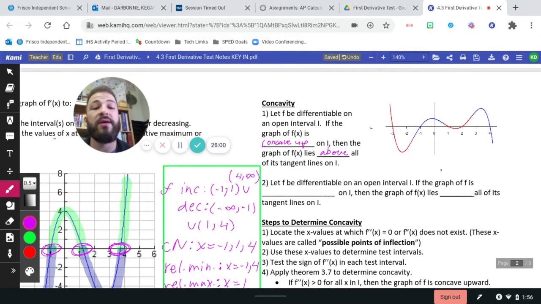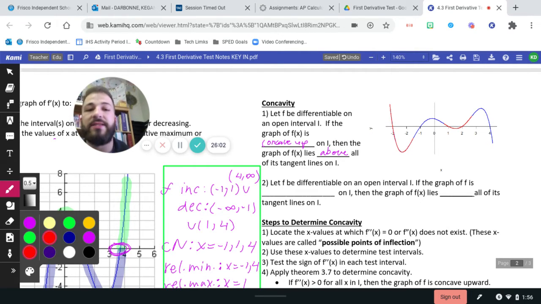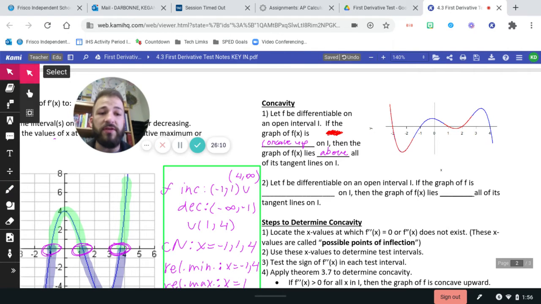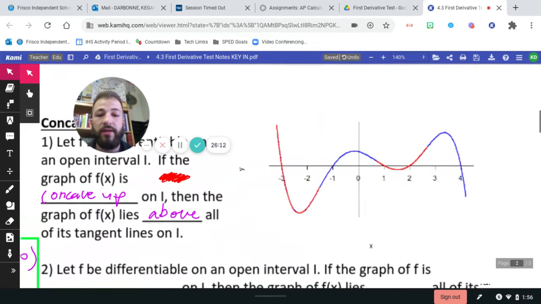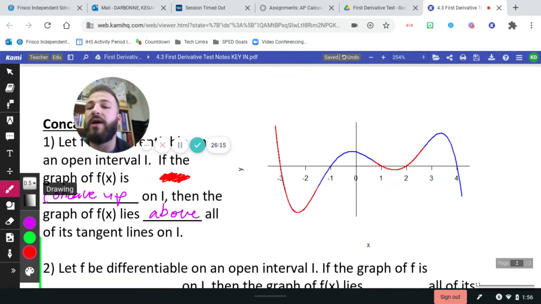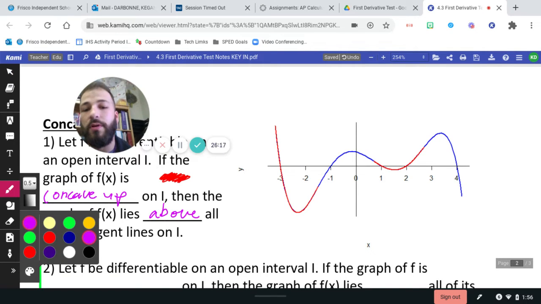So what that means, over here on the right, your concave up sections are the red sections. A couple things about concave up. Concave up forms a U. See how it forms that U shape? That's one way to help identify concave up.